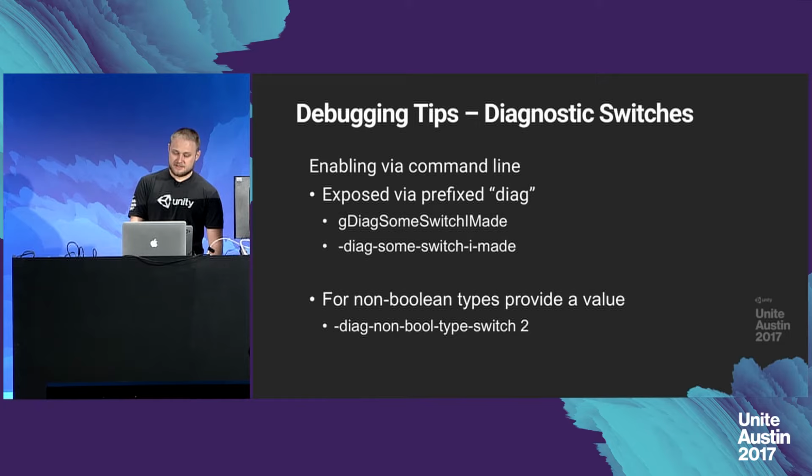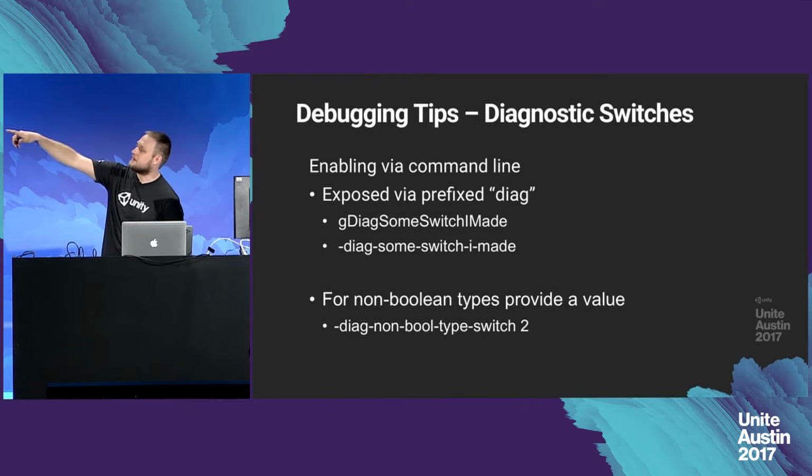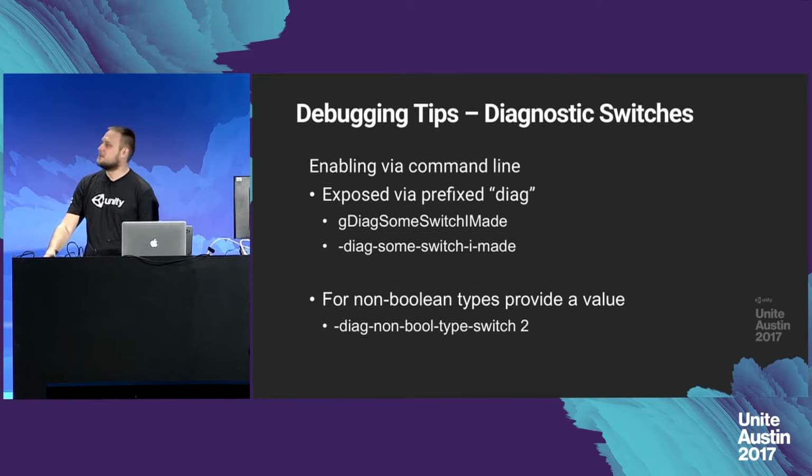The second way is through the command line. All of them are exposed via the prefix diag. For instance, if we have a variable switch named gdiag some switch I made, the automatically generated command line option is going to be -diag and then the switch name.